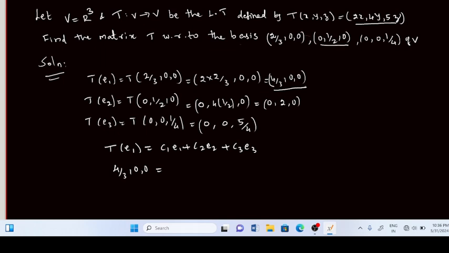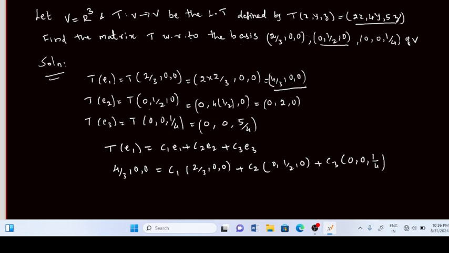We must find the coordinate vectors C1, C2, C3. So C1 times E1 is (2/3, 0, 0), plus C2 times E2, which is (0, 1/2, 0), plus C3 times (0, 0, 1/4).